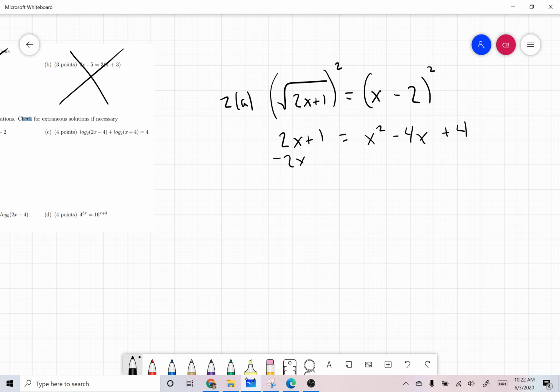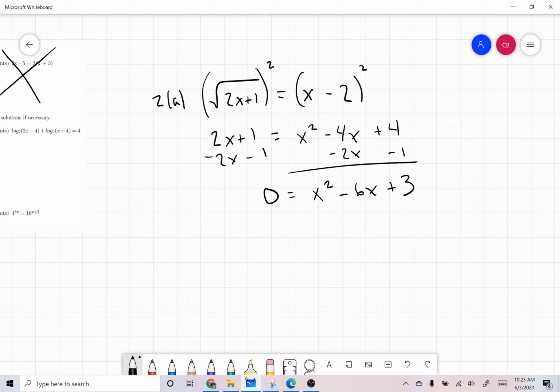Combine like terms. x squared minus 6x plus 3 is equal to 0. 3 is prime, so the only factors are 3 and 1, and that will not add up to 6 in any way or form.